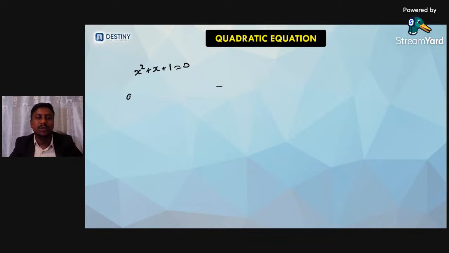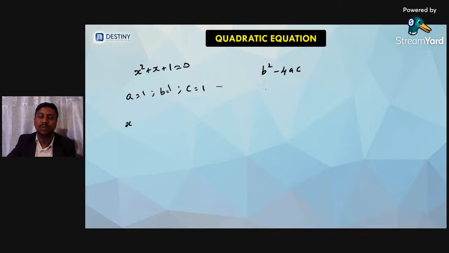So இதில் a equal to 1, b equal to 1 and c equal to 1. இப்போ x is equal to first b square minus 4ac போட்டு பார்ப்போம். b square minus 4ac is equal to 1 square minus 4 into 1 into 1 will become 1 minus 4 is minus 3.